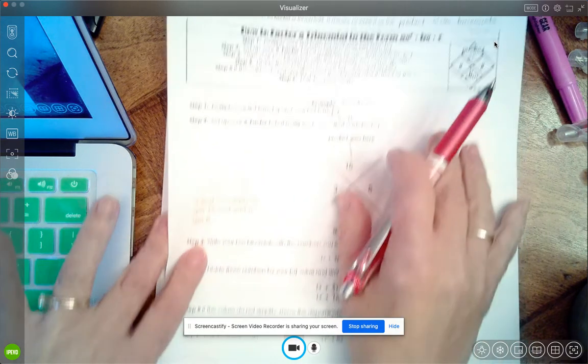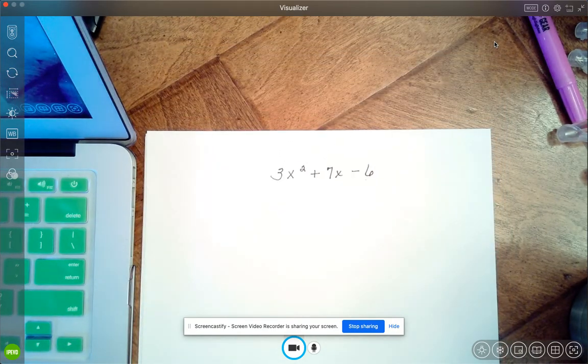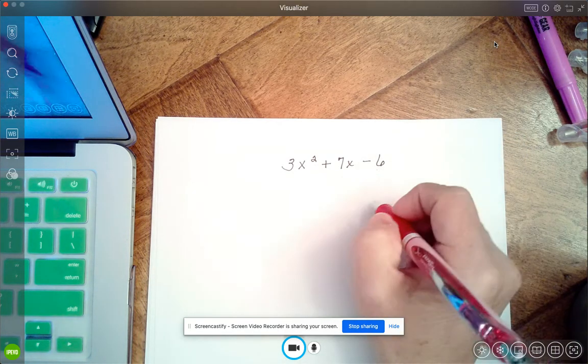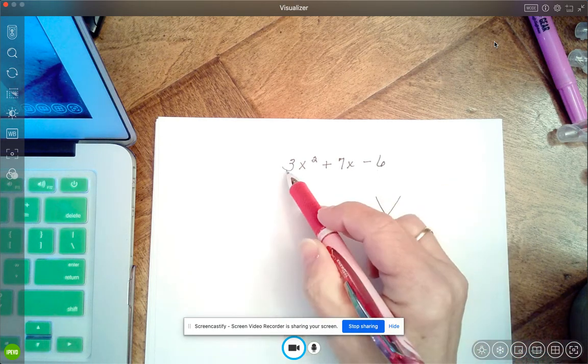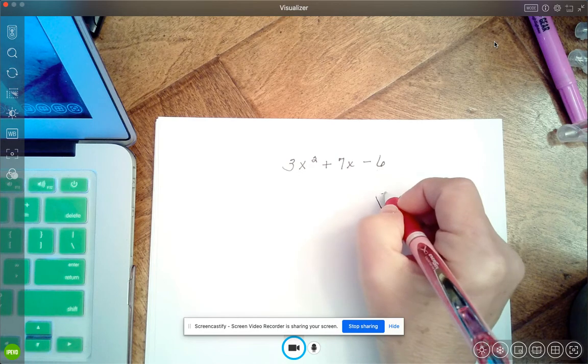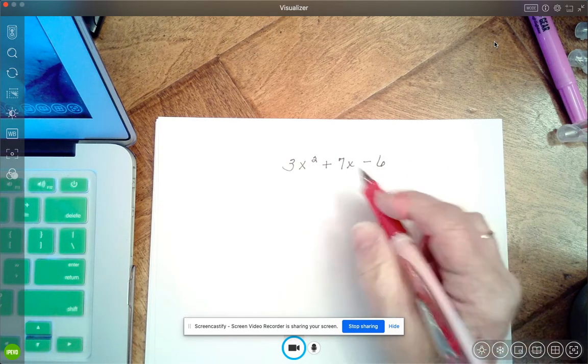So let's try another example. I have 3x squared plus 7x minus 6. So my first step, I'm going to multiply 3 times negative 6, and I have negative 18. And I'm going to put a 7 right there. My b value is 7.